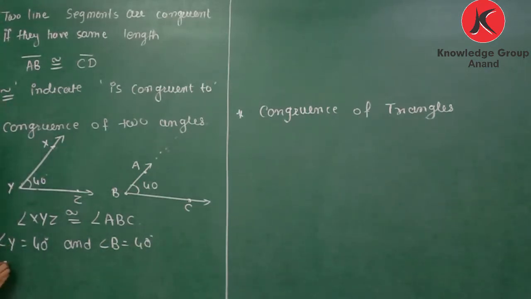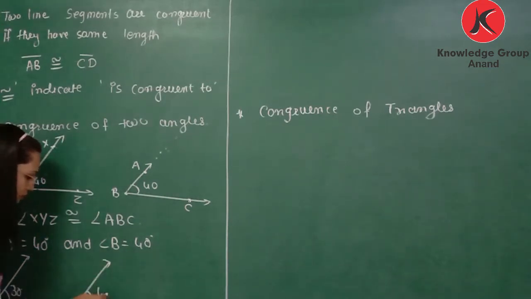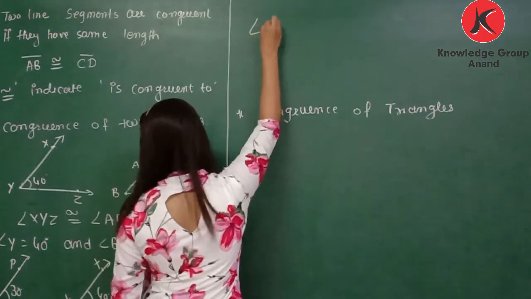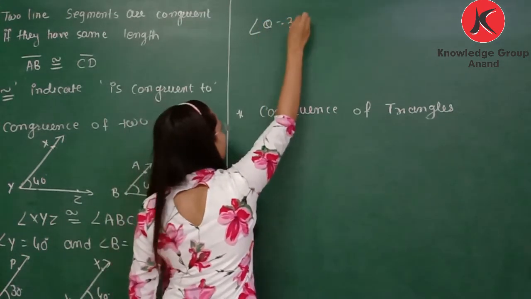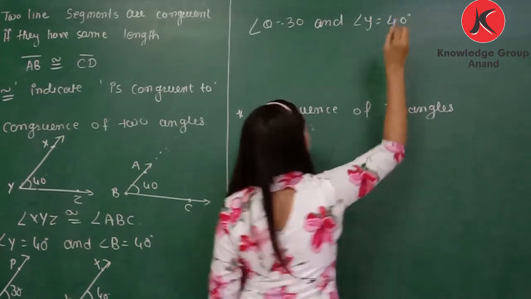Okay. If we have one more figure, with 30 degrees and this one of 40 degrees. Let's consider this as XYZ and this one as PQR. Now, are these two figures congruent? No, because angle Q is 30 degrees and angle Y is 40 degrees.